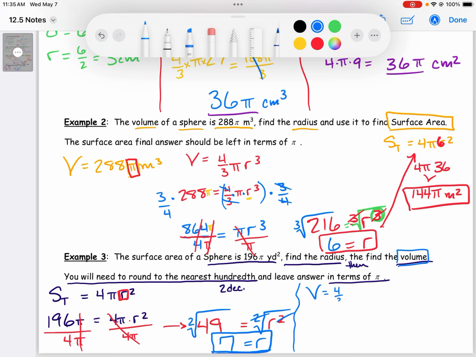The volume of a sphere is 4/3 pi r cubed. So I just found r.